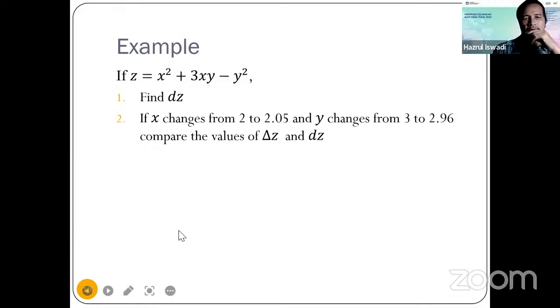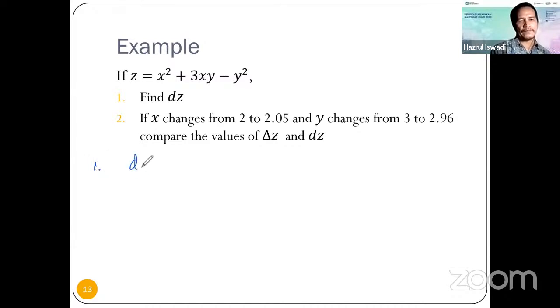This example asks us to find z, if x changes from 2 to 2.05 and y changes from 3 to 2.96.